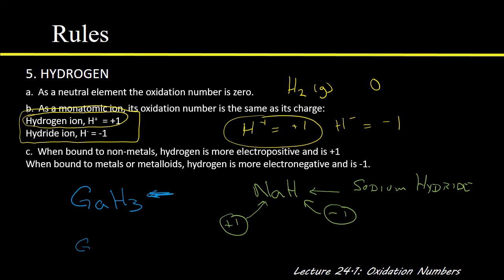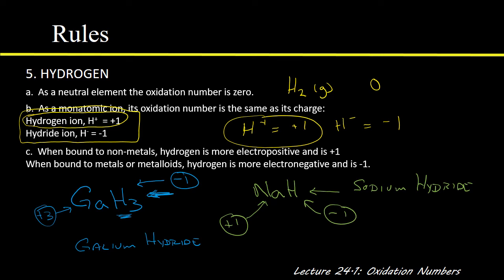This would be called gallium hydride, and the hydrogen would be -1. The gallium, remember that algebra, we're not going to do the whole thing here, but if the net charge is 0, there are 3 hydrogens. That means that the gallium must be +3.